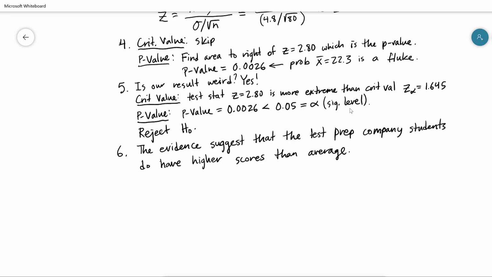So this is the idea. It's a plain English sentence. The evidence suggests that the test prep company students do have higher scores than the average other students.